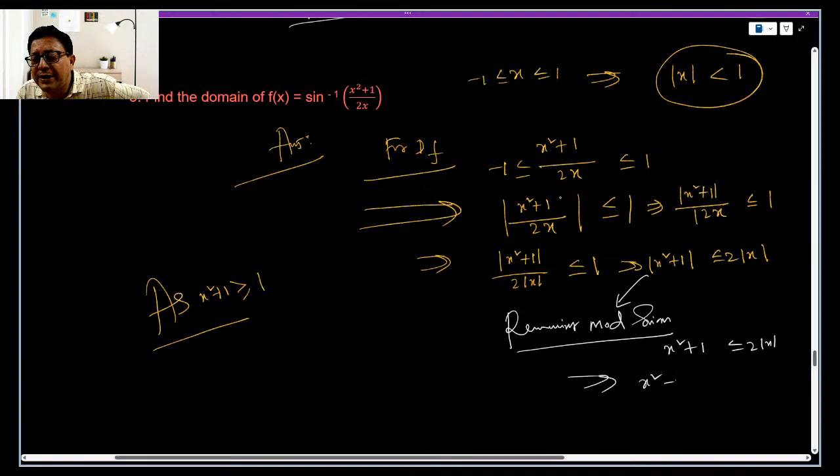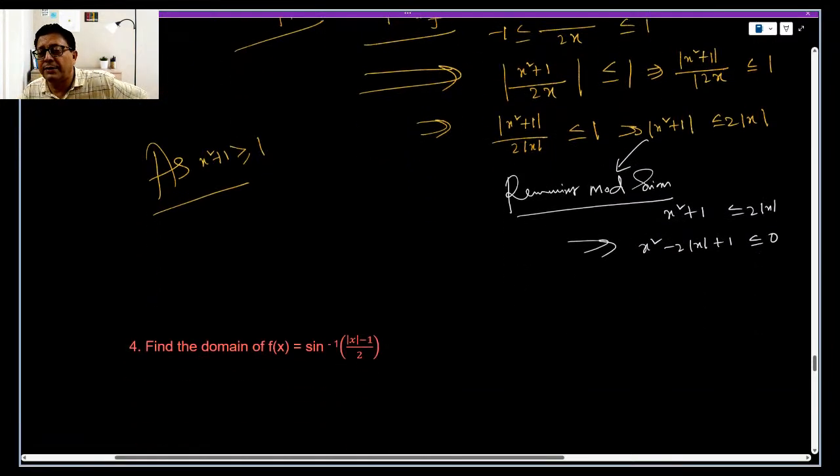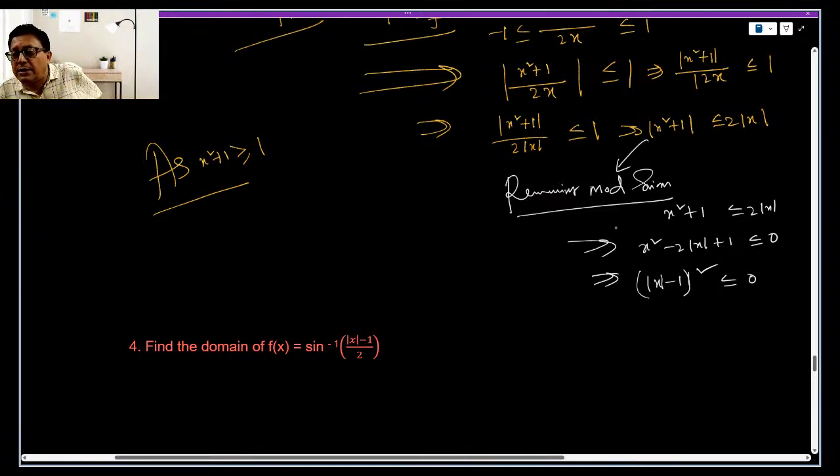This implies x square minus 2 mod x plus 1 less than or equal to 0. Clear? Now what about this? It is mod x minus 1 whole square less than or equal to 0. But mod x minus 1 whole square can never be negative. Do you agree or not?